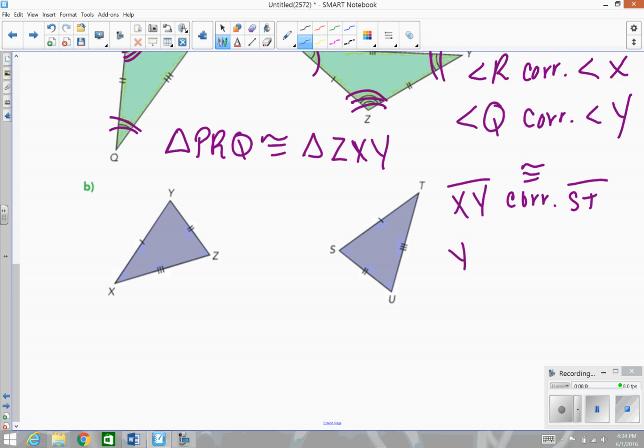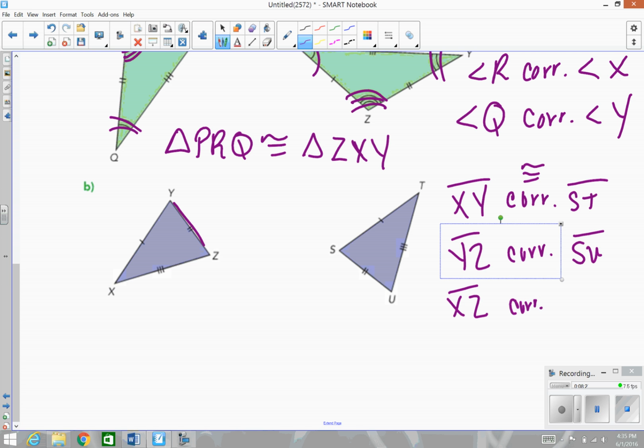And that YZ corresponds to, let's see here, YZ is here, SU, and then XZ corresponding with TU.